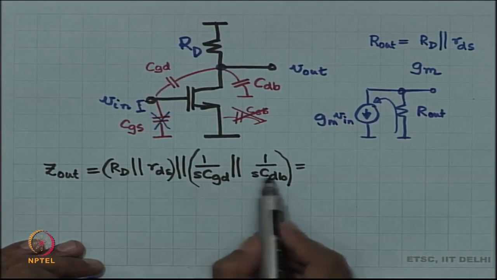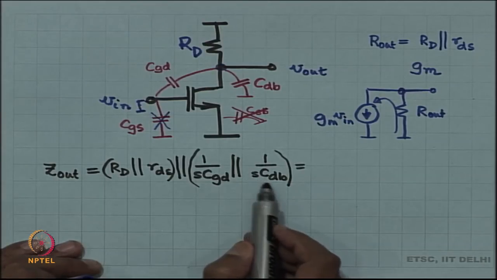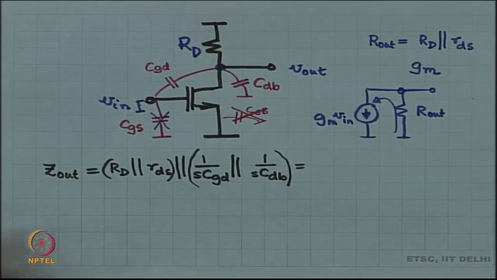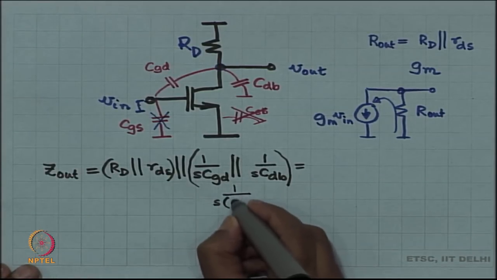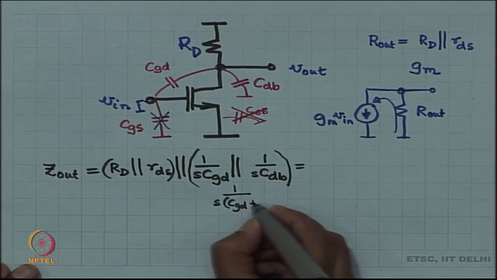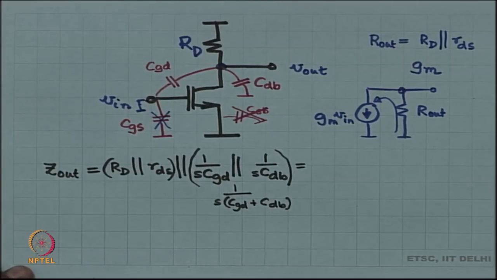And what is this combination? 1 by S CGD in parallel with 1 by S CDB. It is 2 capacitors in parallel, they add up. So, this is nothing but 1 by S times CGD plus CDB.